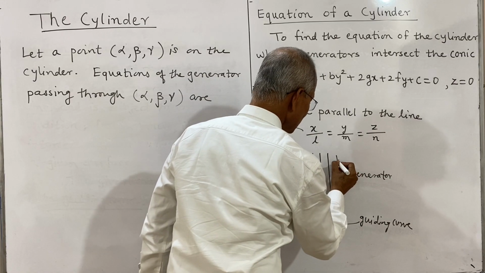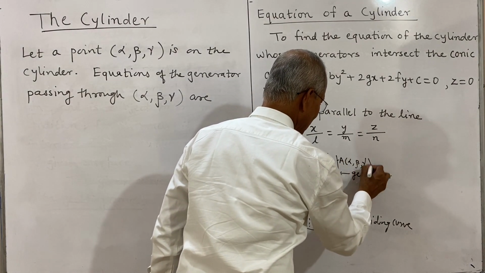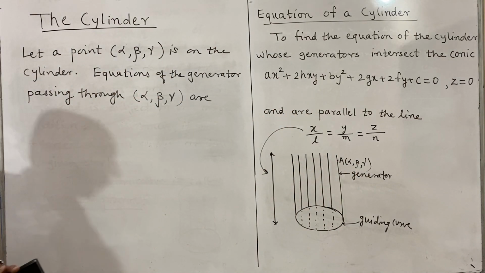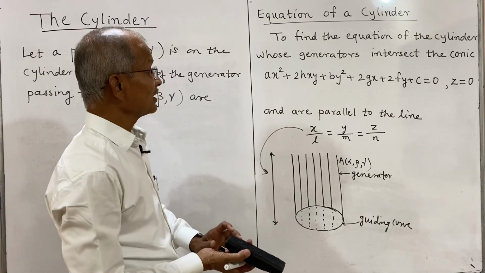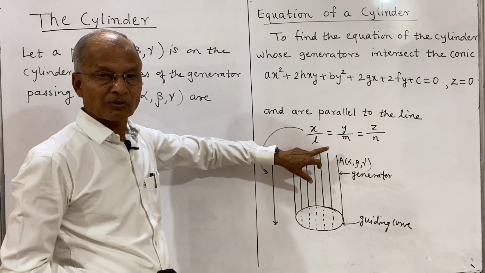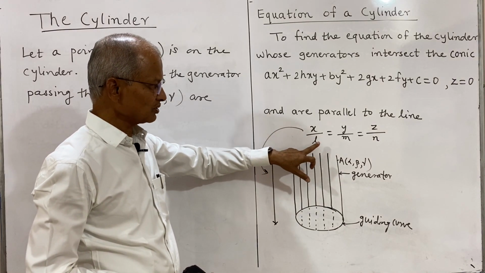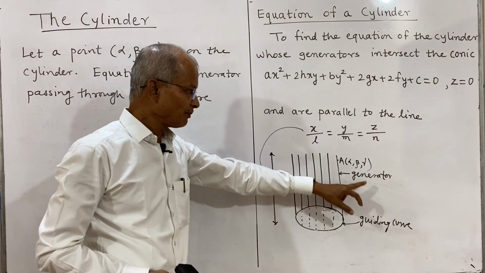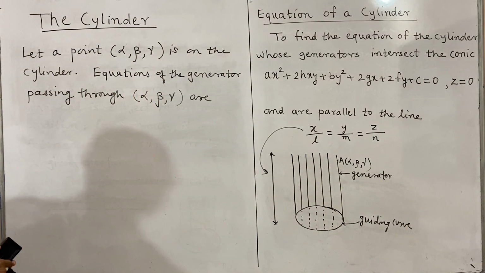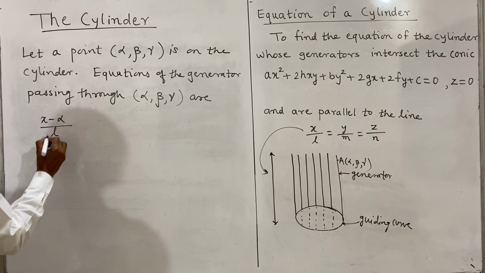Now we may assume this point as (α, β, γ), and we shall write the equations of the line passing through (α, β, γ) and satisfying the condition that the generators are parallel to this line, and therefore the generators must also have the direction ratios l, m, n, and they pass through this point. So therefore the equations of the generators in symmetric form will be (x − α)/l.